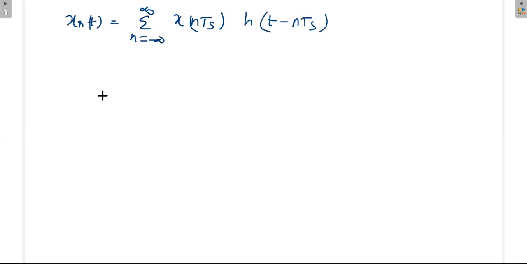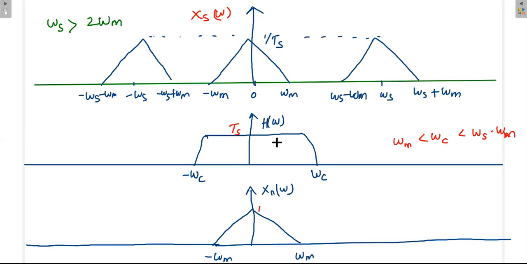We know that H of omega is the low pass filter spectral shape. The low pass filter spectrum extends from minus omega c to plus omega c with a gain value of Ts. So H of omega is equal to Ts whenever the magnitude of omega is less than omega c, that means when omega varies from minus omega c to plus omega c, and 0 otherwise.